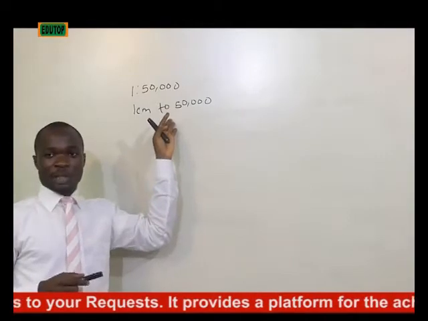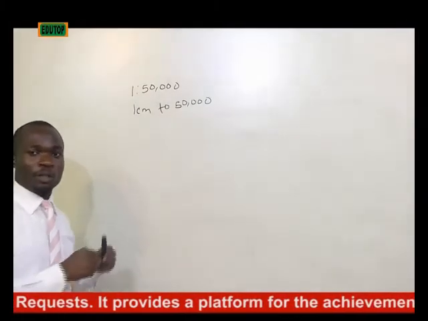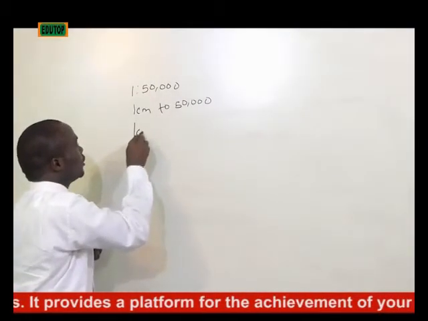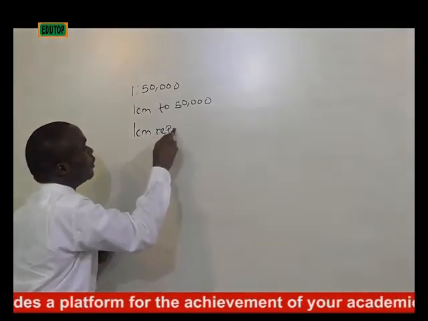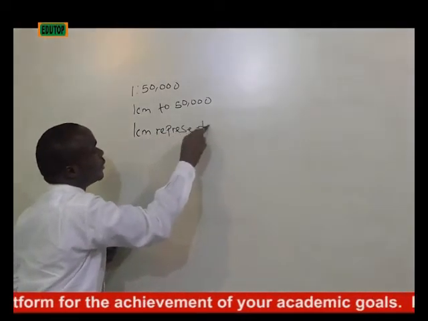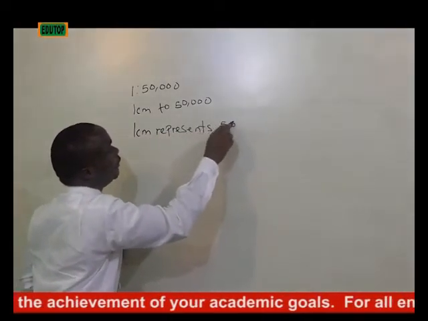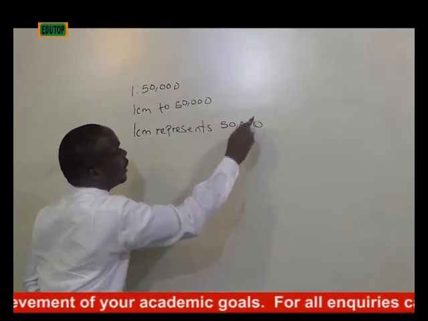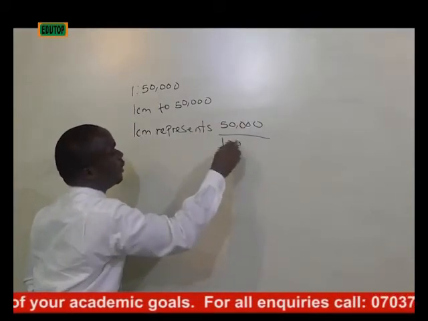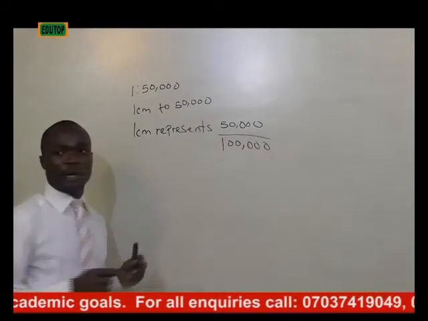Having established that, we say that 1 cm represents 50,000 divided by 100,000.